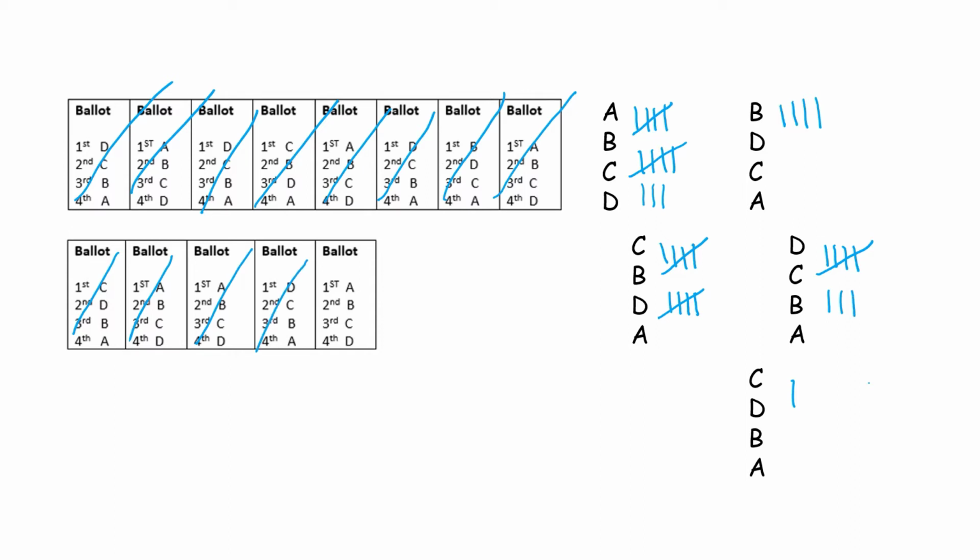And the last one is another ABCD. We have 14 ABCD ballots, 10 CBDA ballots, 8 DCBA ballots, 4 BDCA ballots, and 1 CDBA ballot.